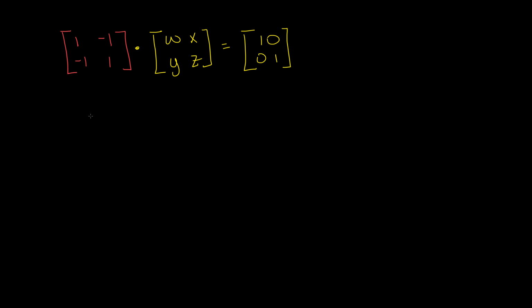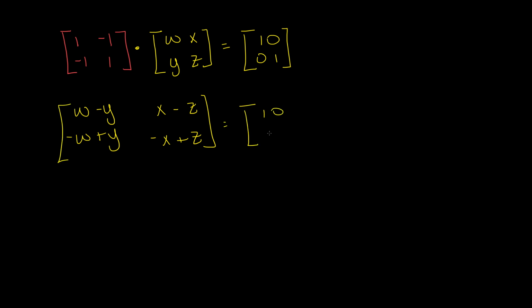Multiplying this through, we have W minus Y for this first one, then -W plus Y. Next one is X minus Z because of the negative, and then -X plus Z. This is equal to 1, 0, 0, 1.